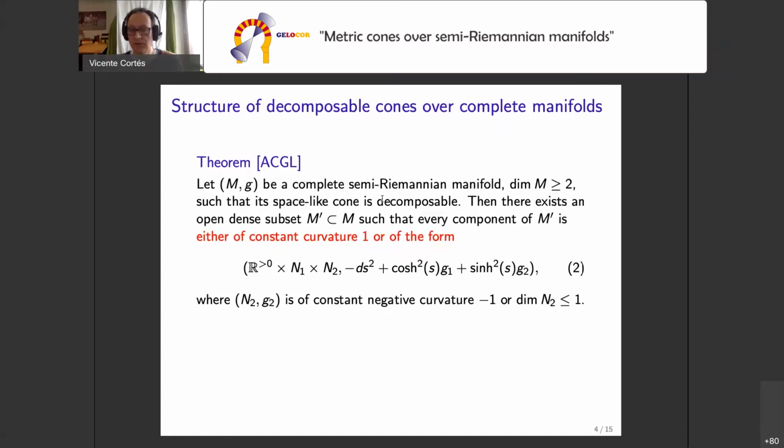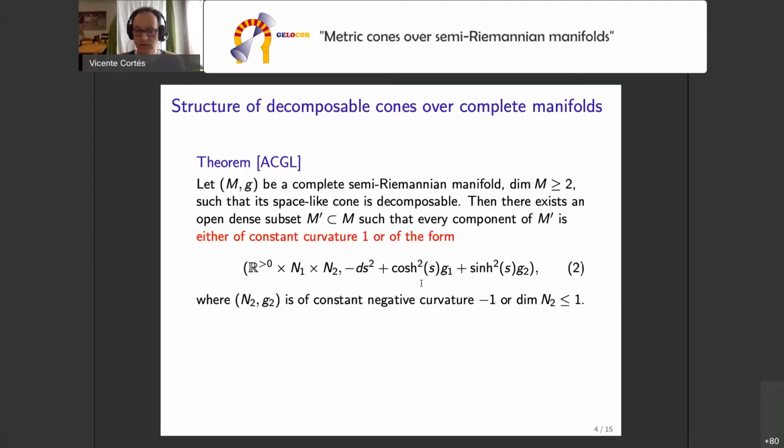And we prove that on a dense open subset, the base manifold can be decomposed in open components, and each component is either of constant curvature 1, in which case the cone over this part will be flat, or it is of this special form 2.